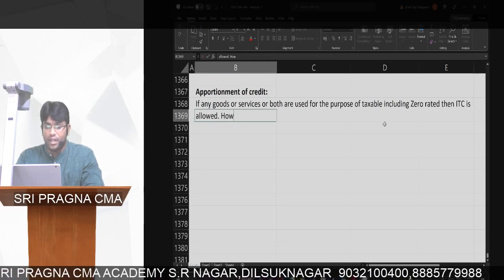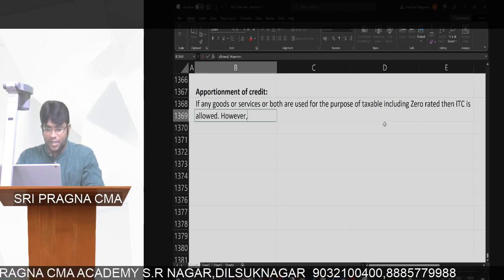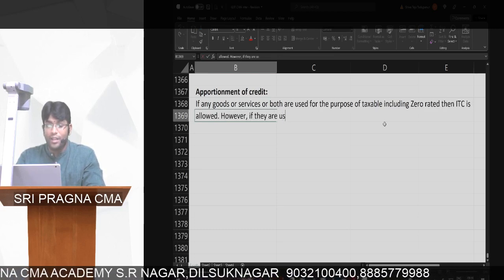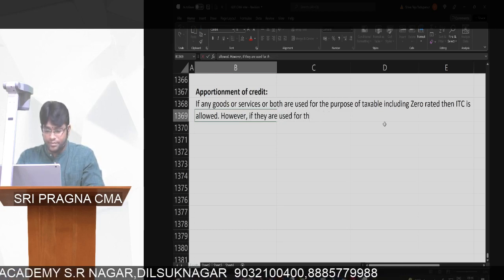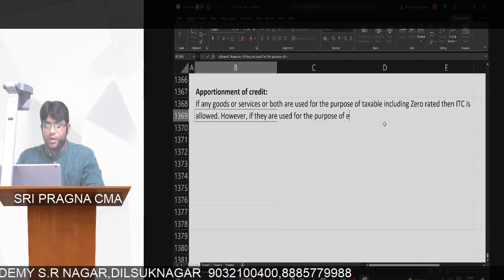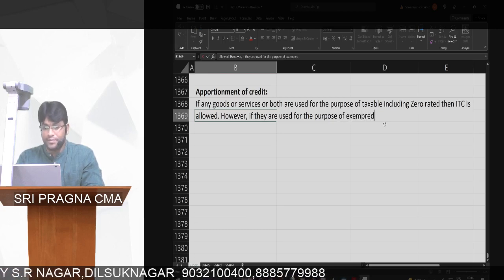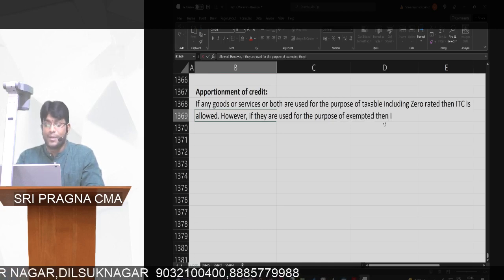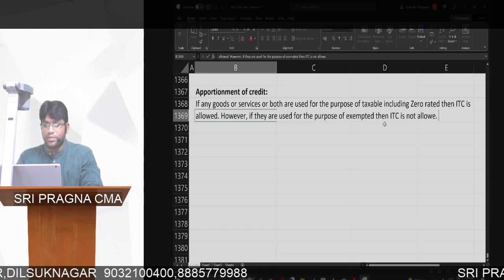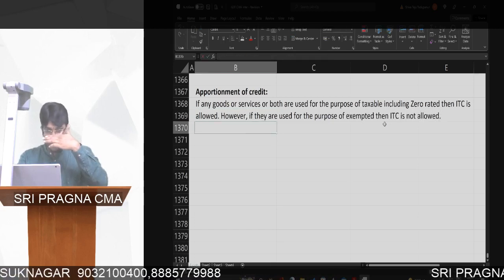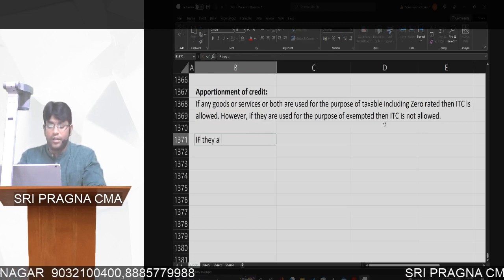However, if they are used for the purpose of exempted, then what will happen, sir? ITC is not allowed. So speak out. Next point.